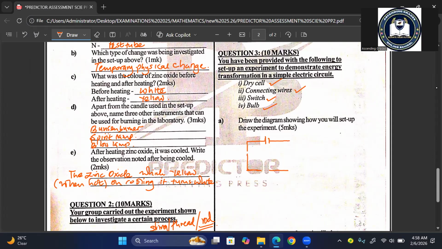Then the circuit will be complete. Like that. So this is the cell. This is the wire. This is the switch. This is the bulb. So I think from the labeling you can still be awarded.